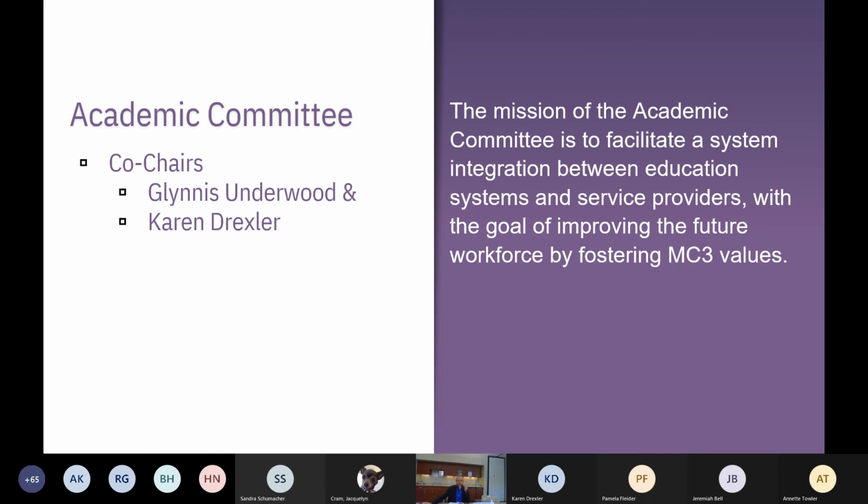The academic committee is all about providing a global, throughout MC3, internship opportunities for interns to become change agents and to take on those values while still at school. The hope is, while they're doing their internship placement and learning about MC3, our values, and NIATEX, that goes back with them to their classrooms when they're talking with professors and learning more.